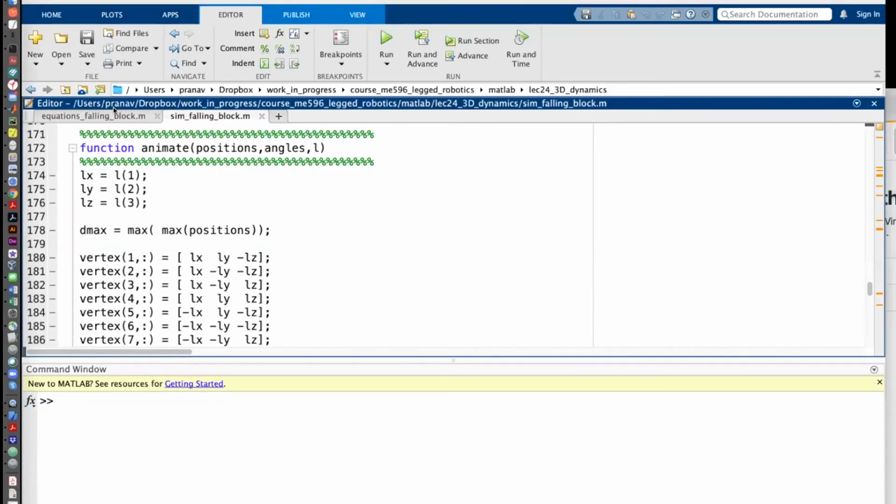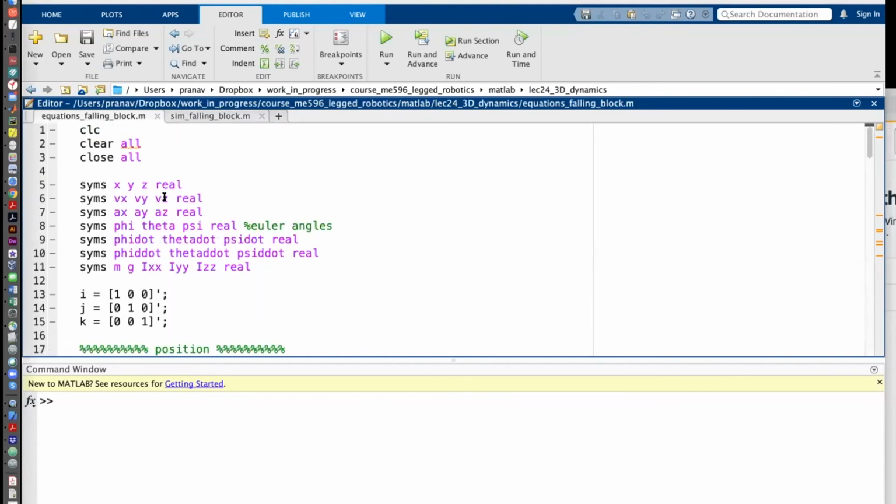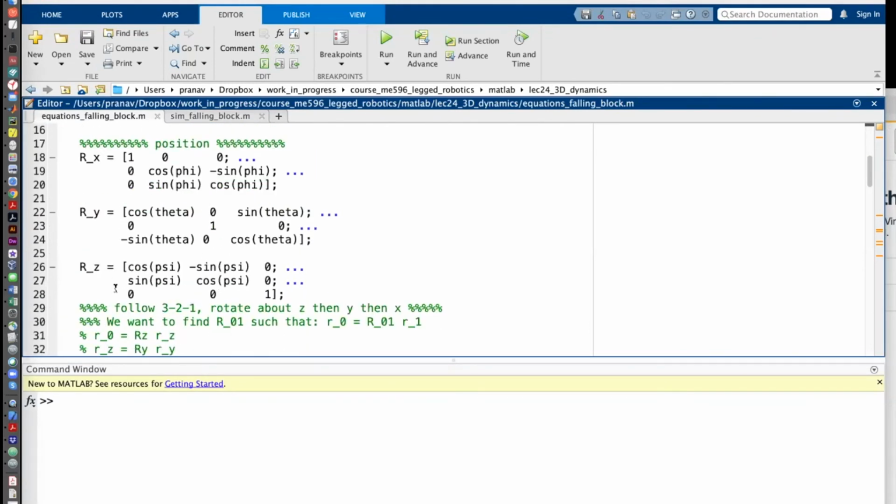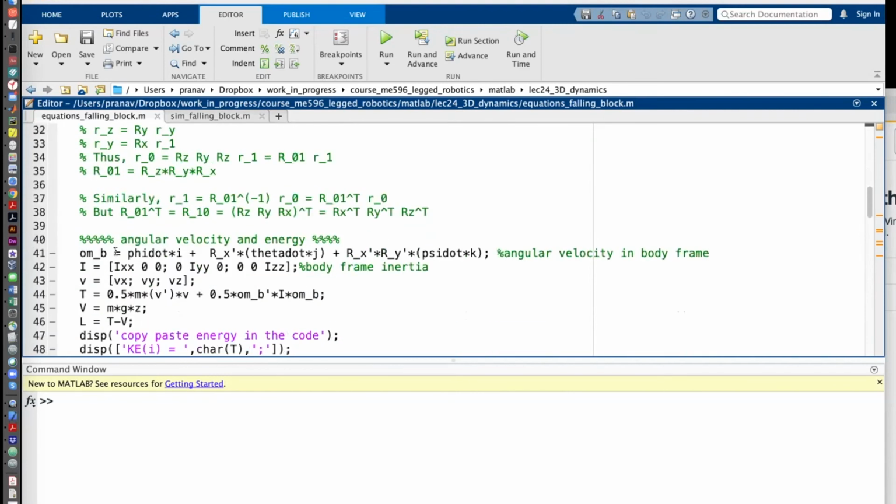Here is my code. This code basically derives the equations. So I define all the quantities of interest. In this case, I chose the inertia such that you only have principal axes. So the inertia is described about the principal axes, and you don't have the xy, yz, and xz components. Then the rotation matrices Rx, Ry, Rz. I find the angular velocity, which is basically this formula I wrote down.